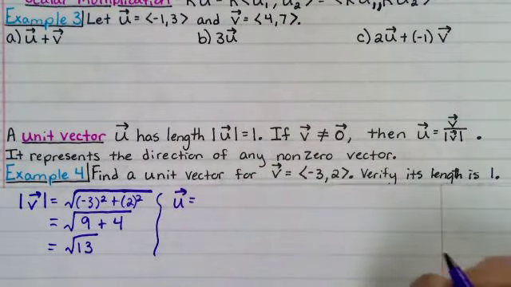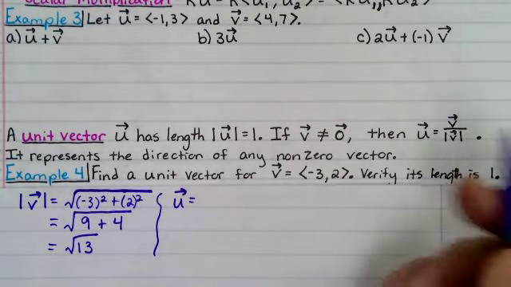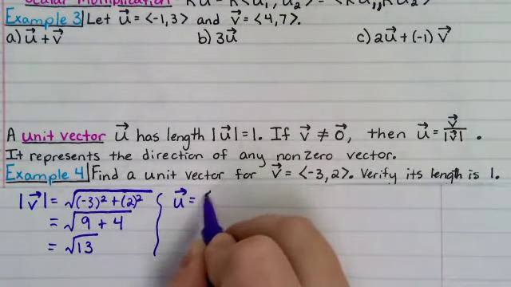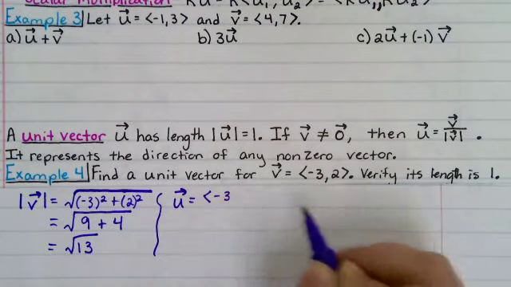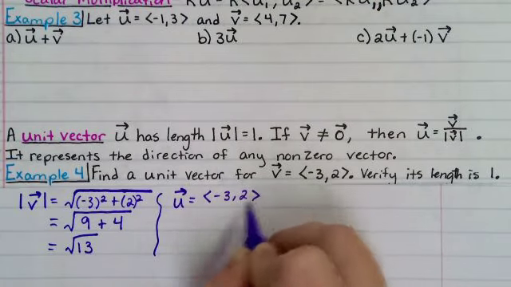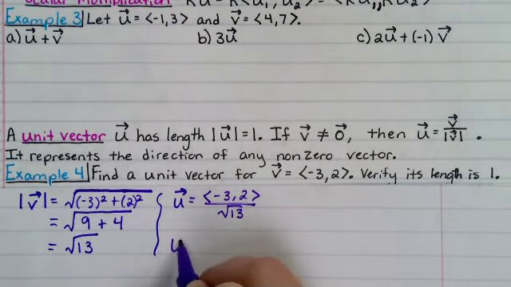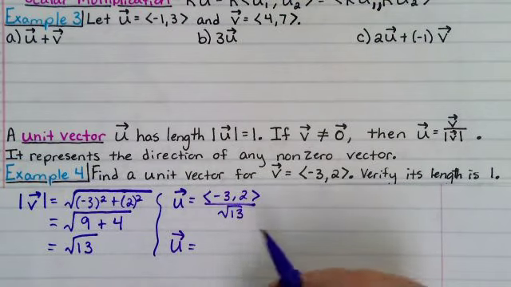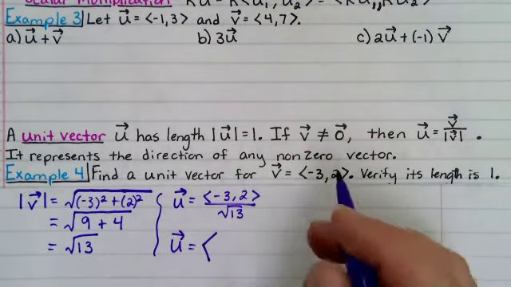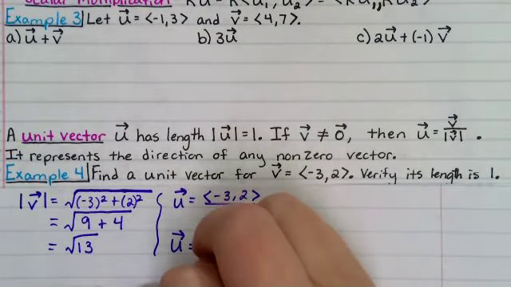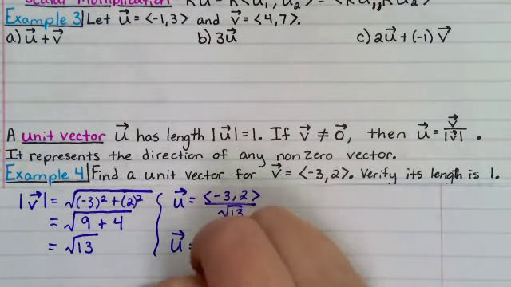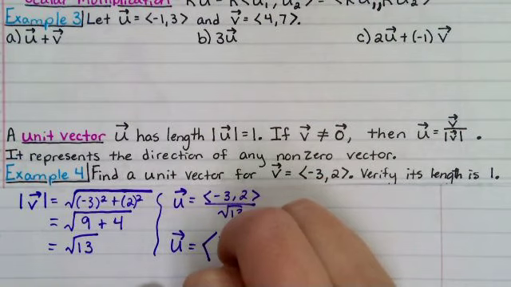The unit vector is going to be found by just dividing the two. You're going to have your -3, 2 divided by the square root of 13. And the way that's going to appear is not the prettiest thing in the world, but I would have this as -3 over the square root of 13 and 2 over square root of 13.